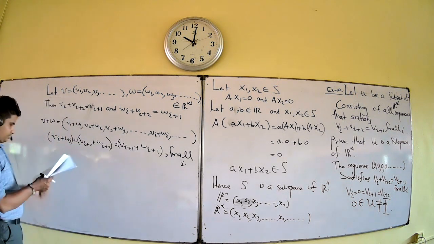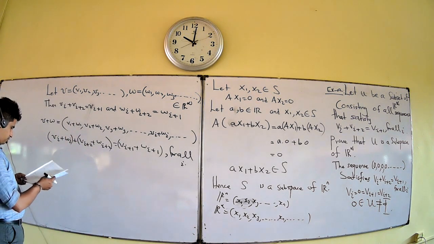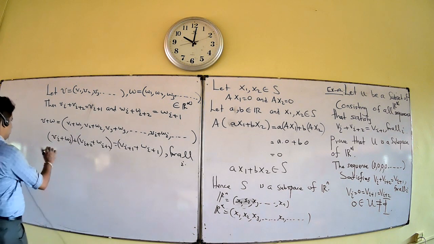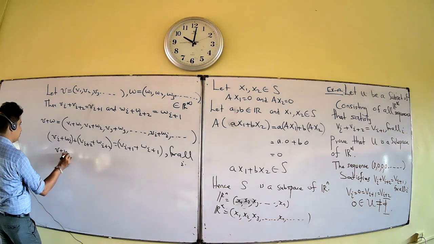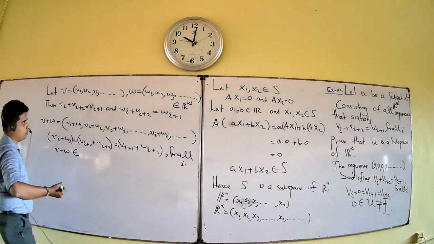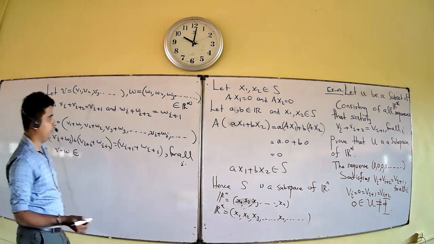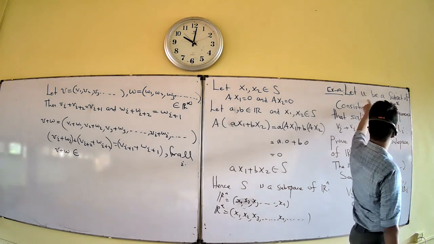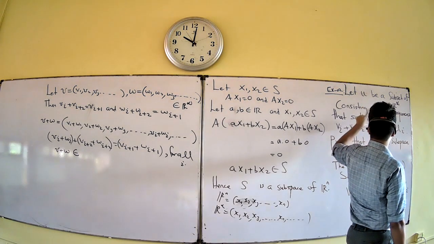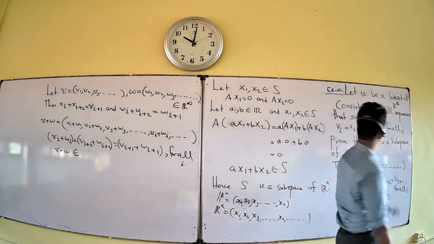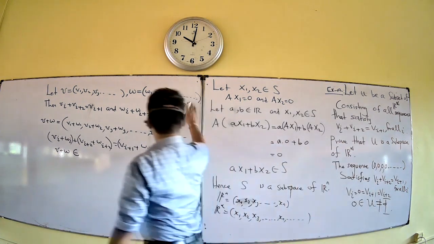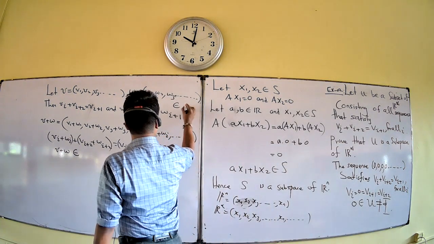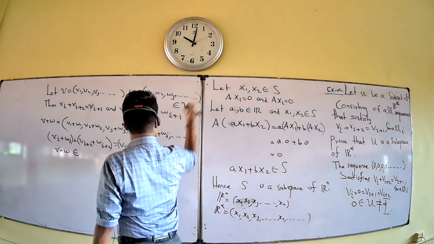Therefore, this V plus W belongs to which set? For this question, U is a subset of R infinity consisting of all sequences.